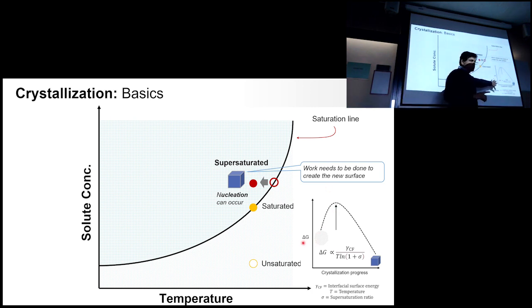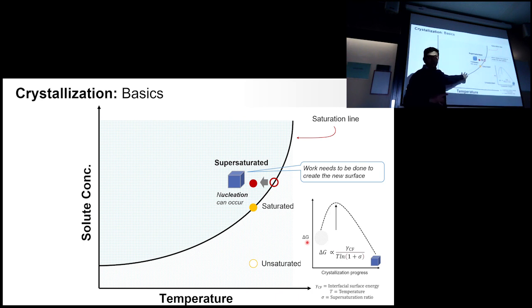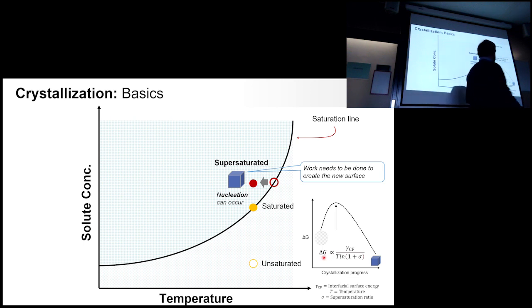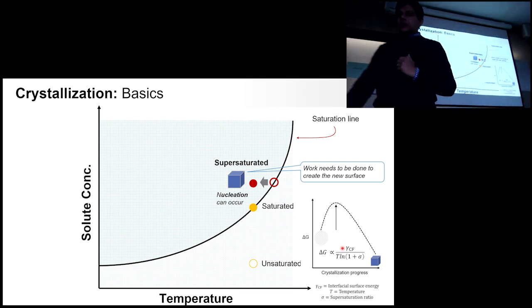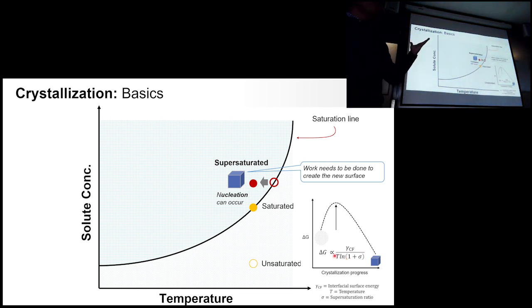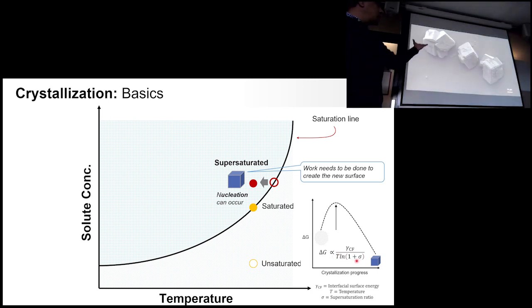Don't stress out too much about the equation, but the important bit is that the energy required for this process depends on the surface energy of the crystal with respect to the liquid around, the temperature at which the process is taking place, and most importantly, the supersaturation ratio. This is very important.